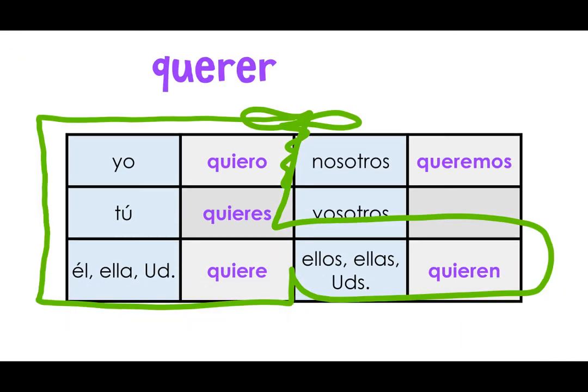Okay, so querer is our example. If we put querer and we do the boot around it, you can easily see that querer means to want, and then it's yo quiero, tú quieres, él, ella, usted quiere, nosotros queremos, and ellos quieren. It is a boot verb because nosotros queremos goes back to the original stem, and think of it as nosotros being booted out of the boot.